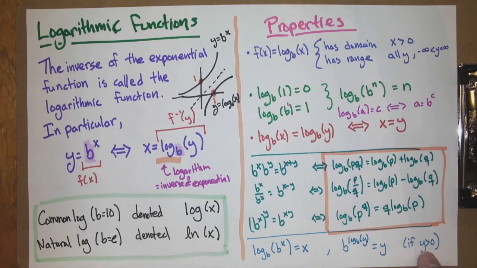Why do we need to add a caveat? Well, for which values of x do we get things that make sense in the first expression? The answer is for all x, this will make sense, because b to the x will be positive, regardless of what your value of x is. And then you're taking log of a positive thing, so that makes sense.